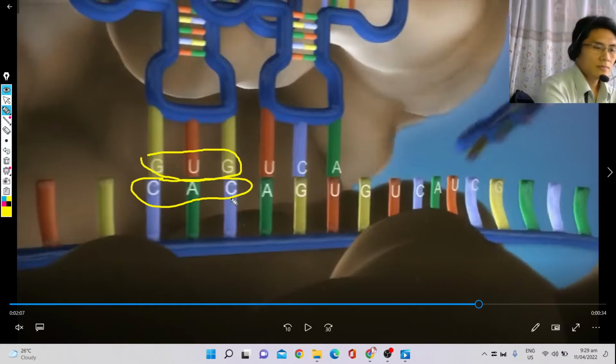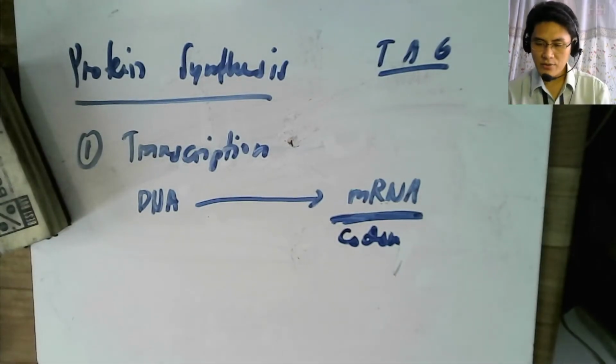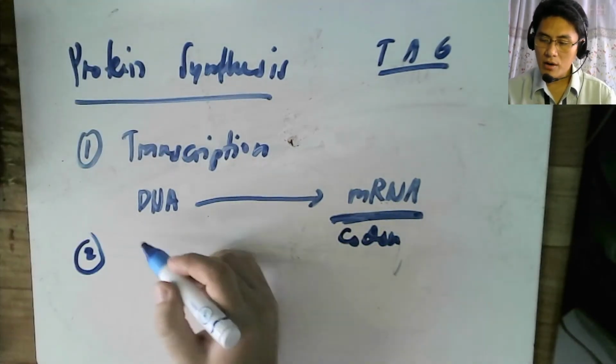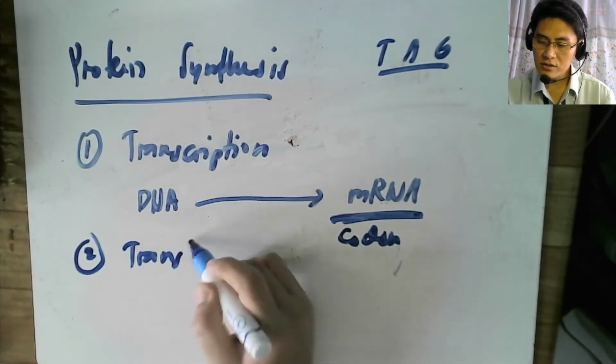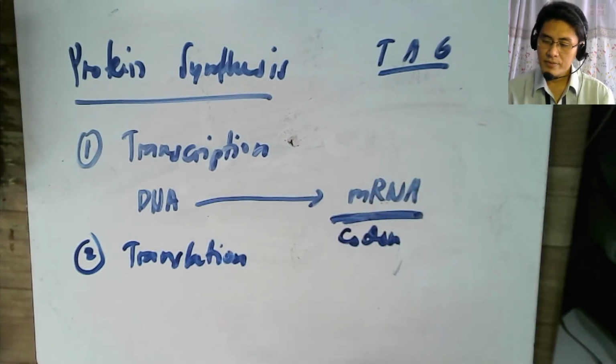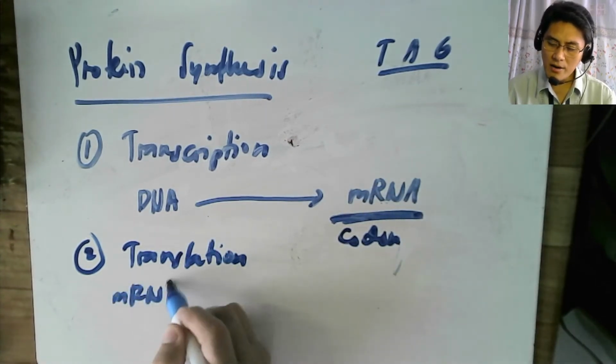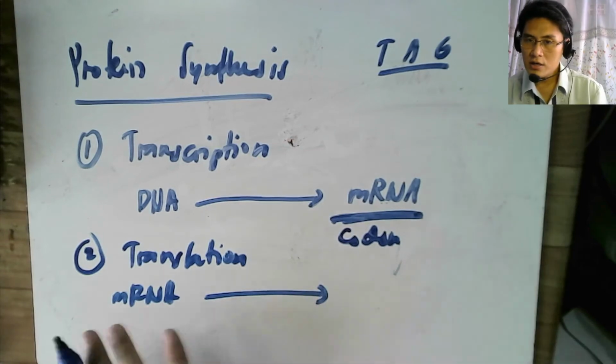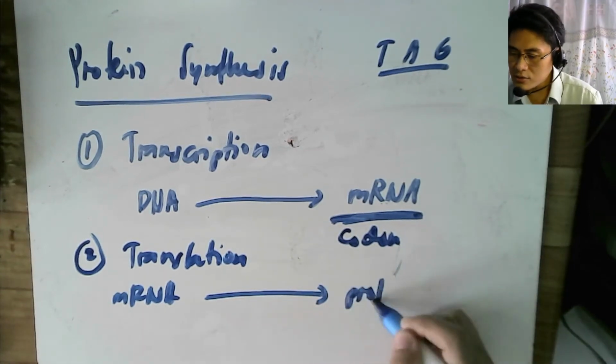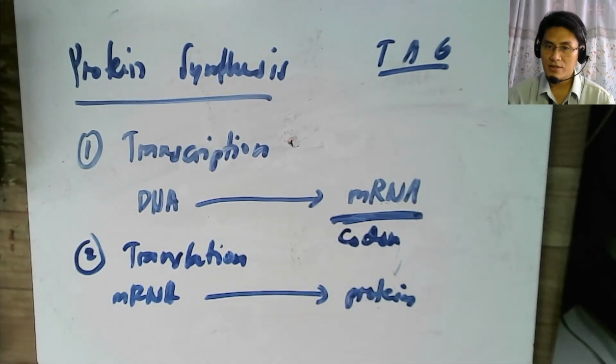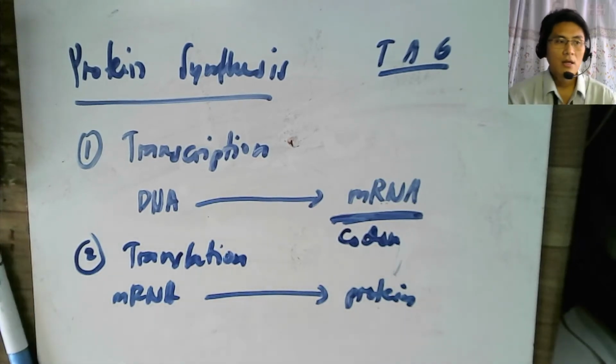And this process is now the start of the second part, which is translation. Okay? So you have mRNA, and then you are creating that into a protein. That's now the translation part, right?